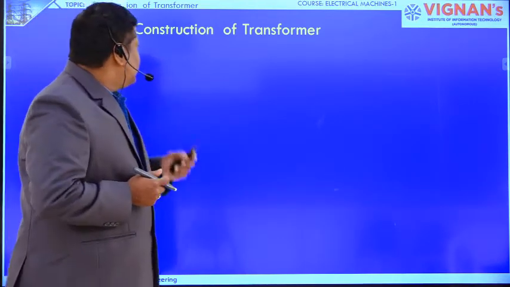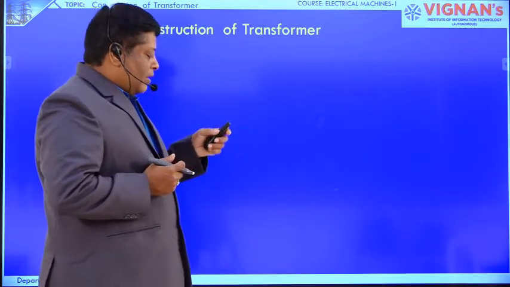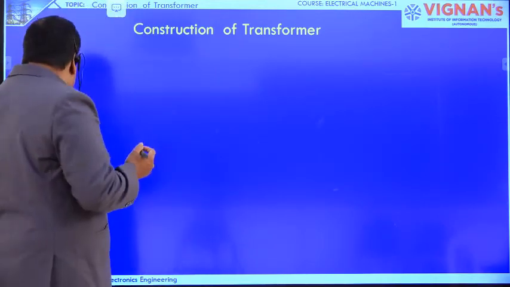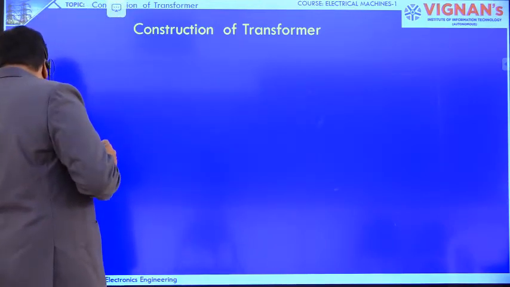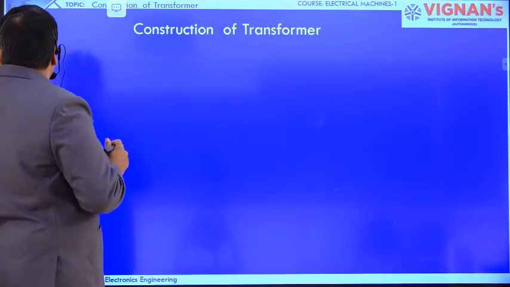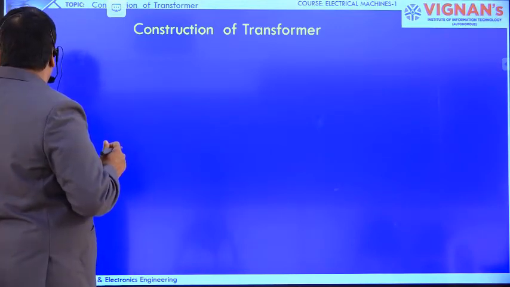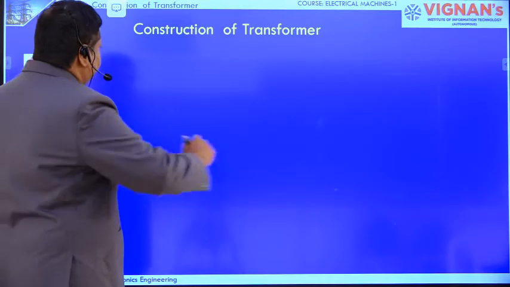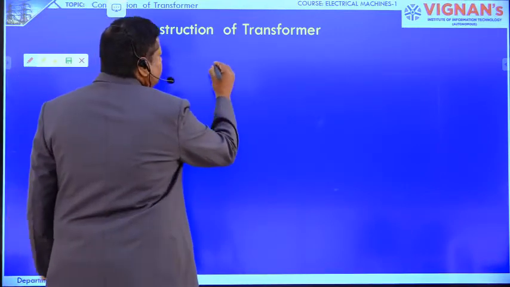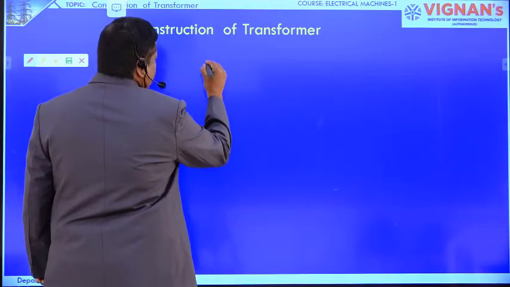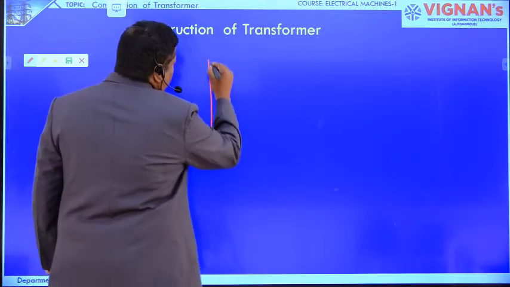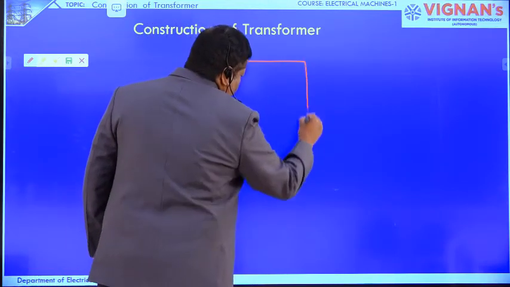Now we are going to see the construction of a transformer. The transformer consists of a magnetic core. This is the core of a transformer.